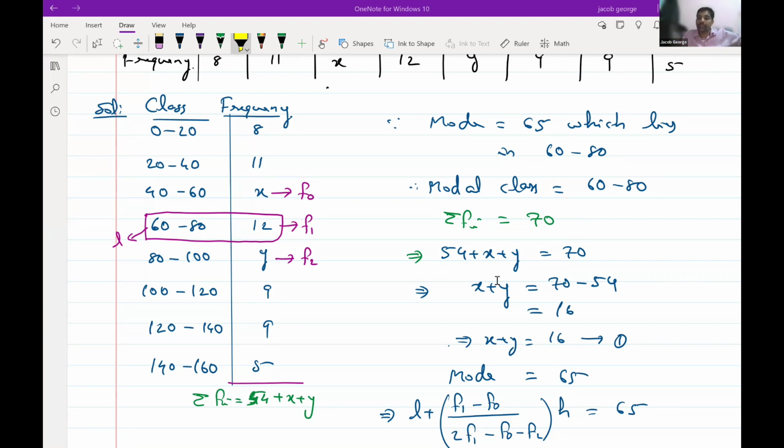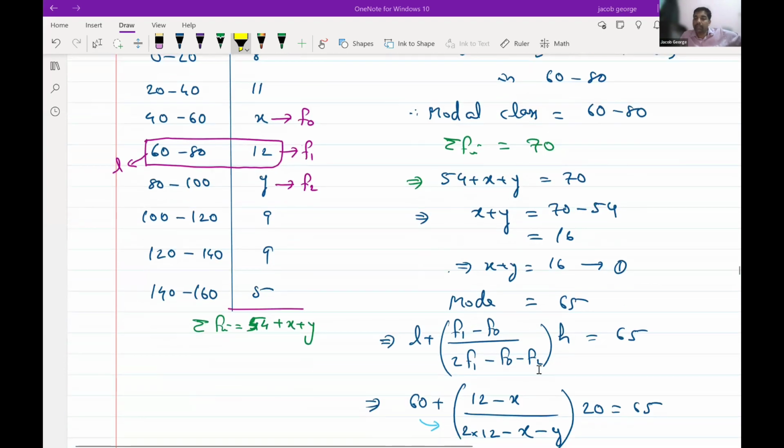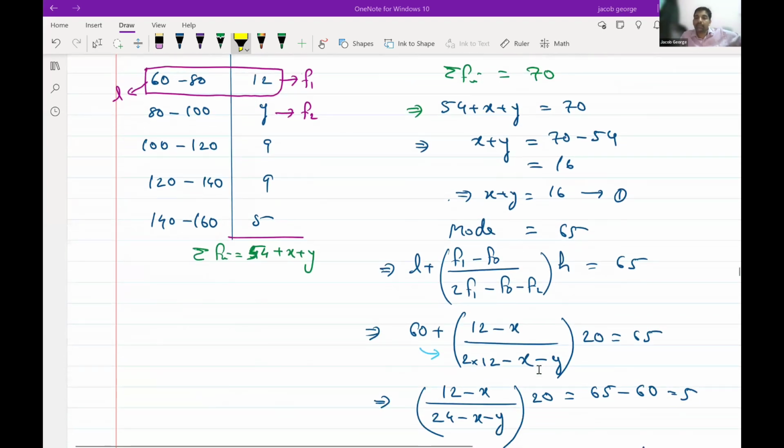Secondly, mode is given as 65. We will write the mode formula: L plus (F1 minus F0) by (2F1 minus F0 minus F2) into H, that is equal to 65. Then L is 60, F1 is 12 minus F0 is X here, by 2 into 12 minus X minus Y, into 20 is 65.